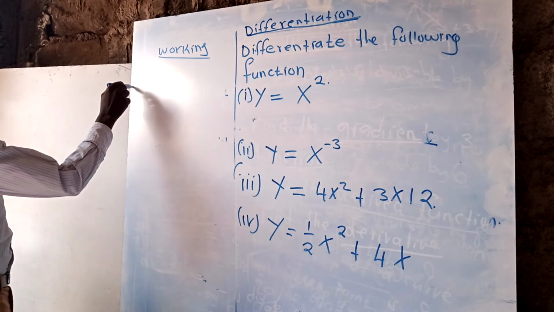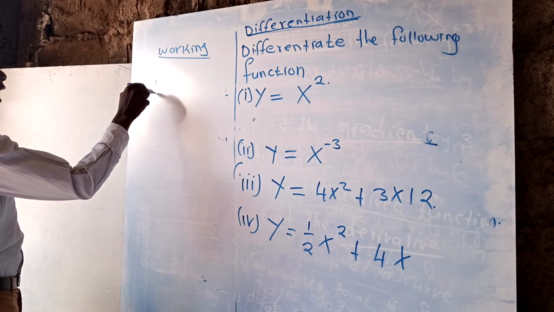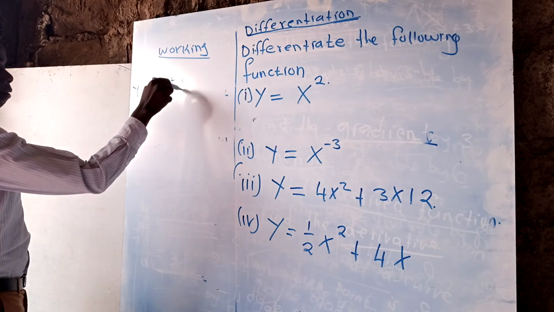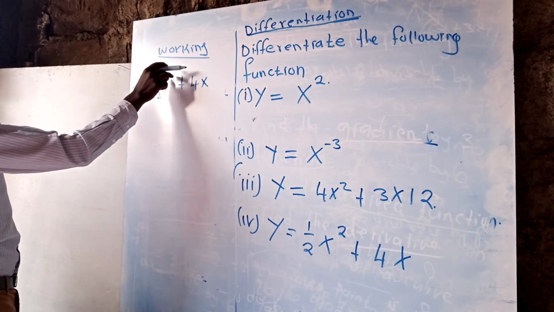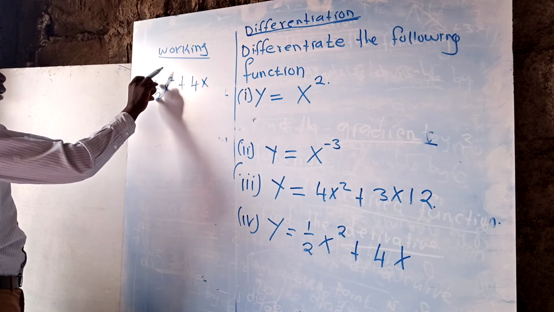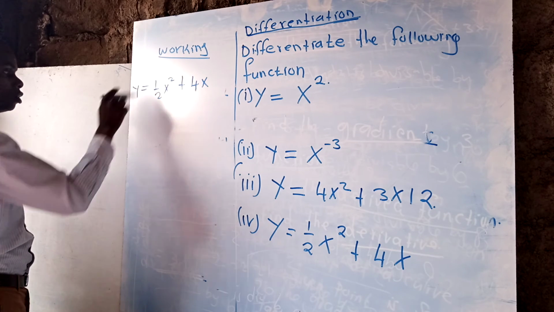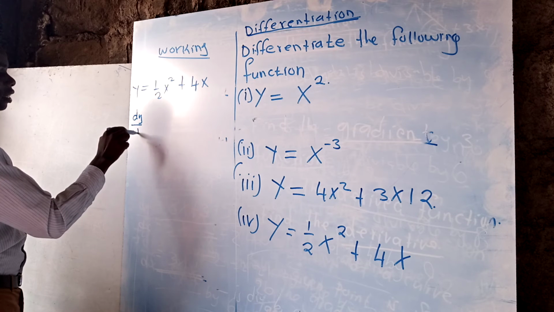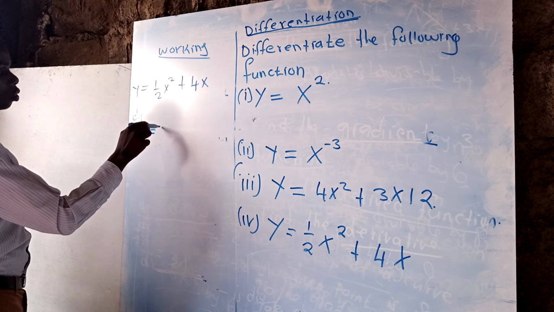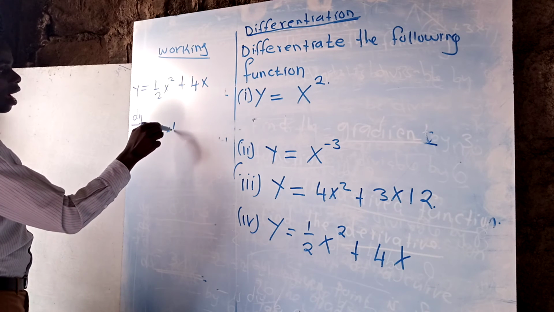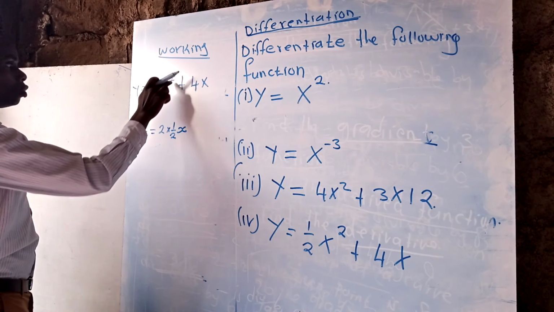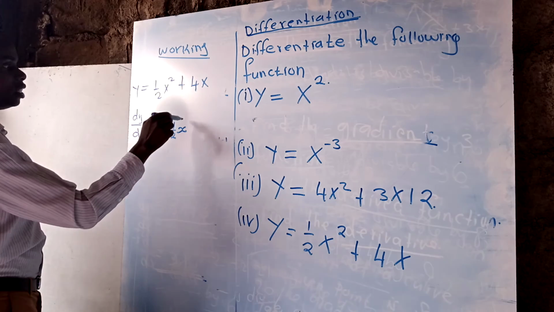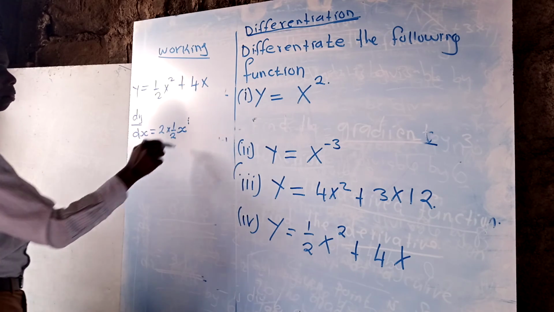So the function is y is equal to a half x squared plus 4x. We take the power which is here to multiply with the coefficient. So dy over dx is equal to 2 times a half x, 2 minus 1 is just 1.